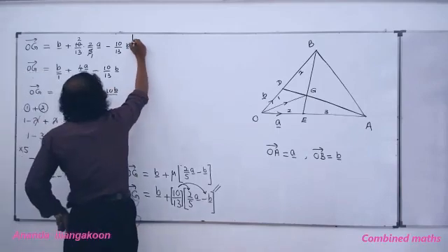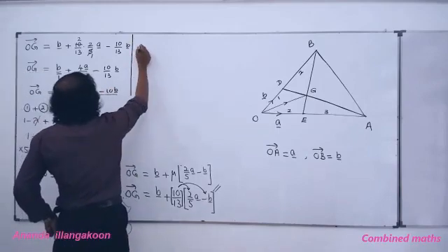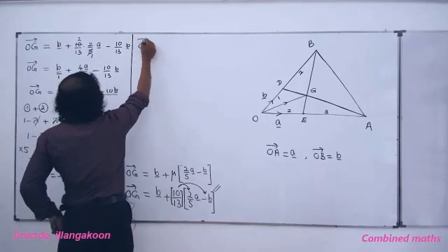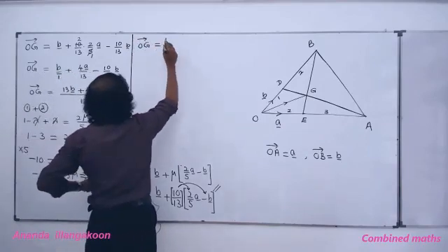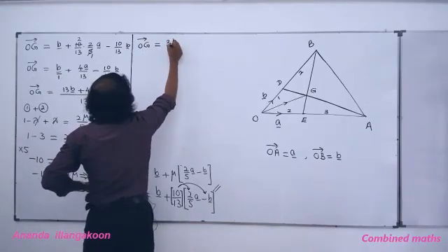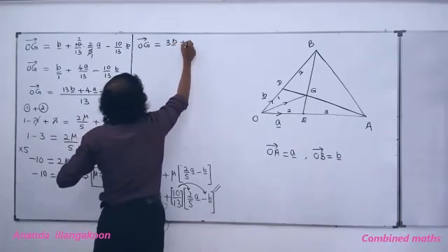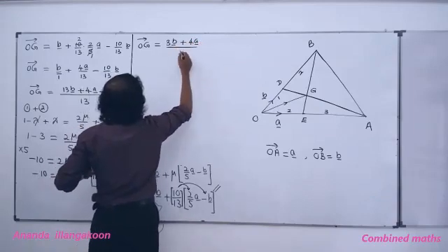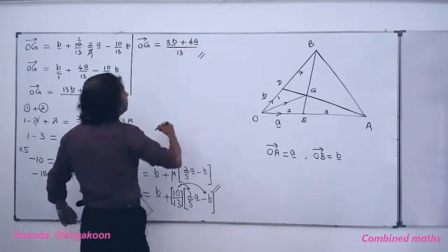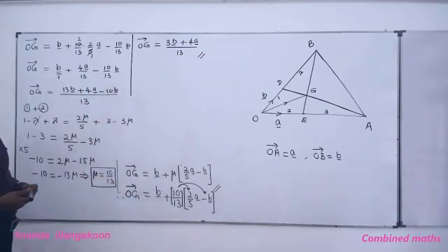Then OG vector is equal to 3b plus 4a divided by 13. This is the OG vector.